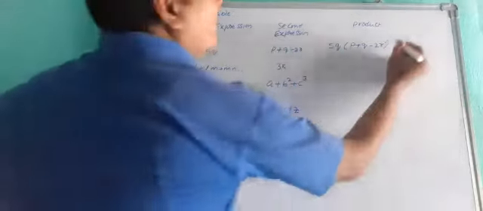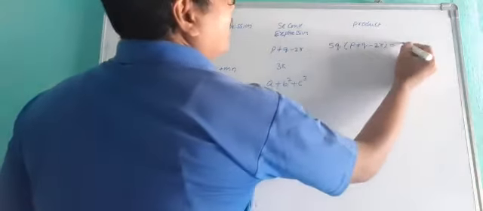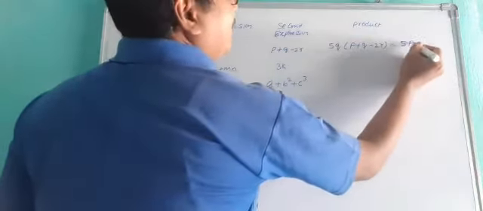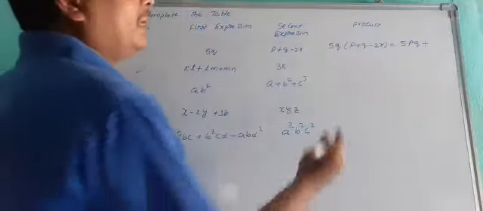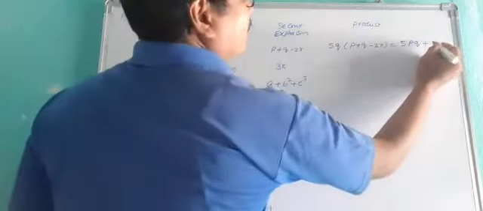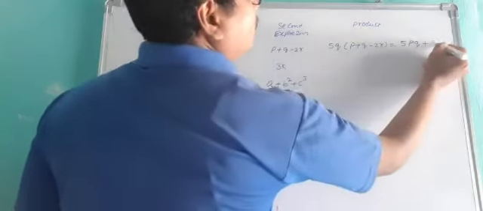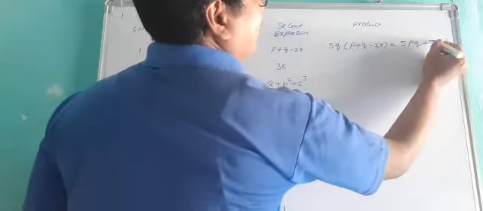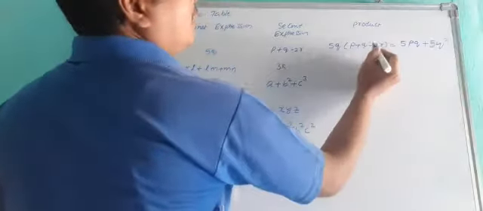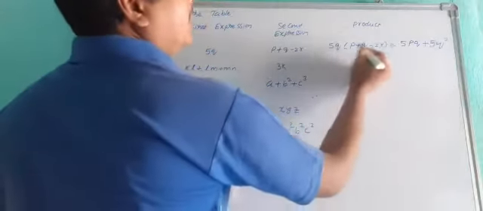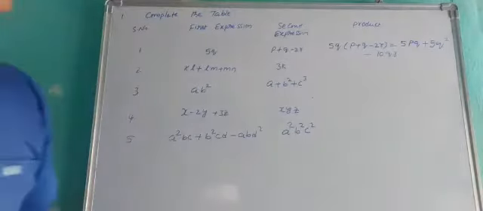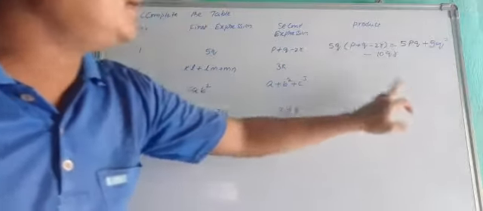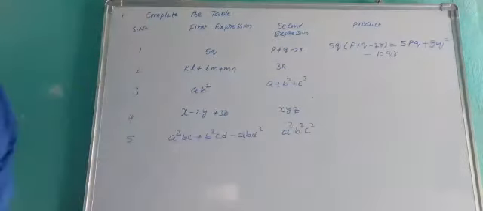So 5q into p, pq. Positive quantity into positive quantity. 5q into q square, 5q square. Positive quantity into negative quantity, 5 twos are 10, q into r, qr. So the result is 5pq plus 5q square minus 10qr.